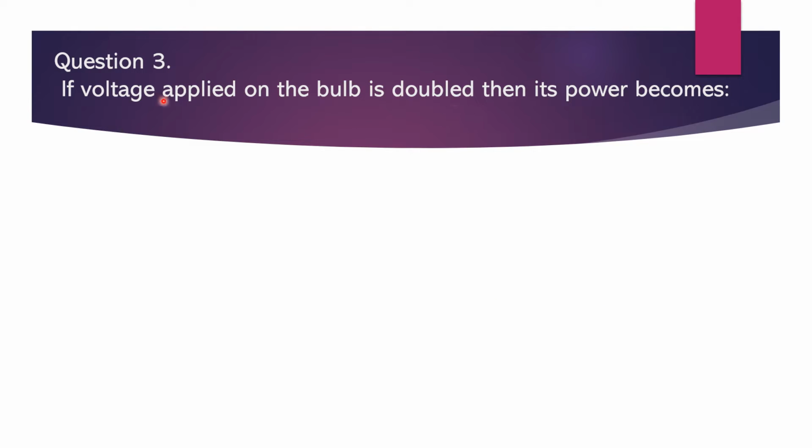Question 3. If voltage applied on the bulb is doubled, then its power becomes. Now, voltage on the bulb is doubled.